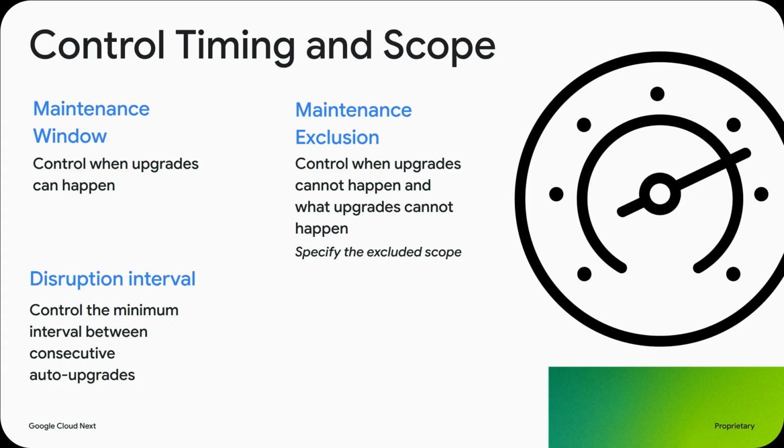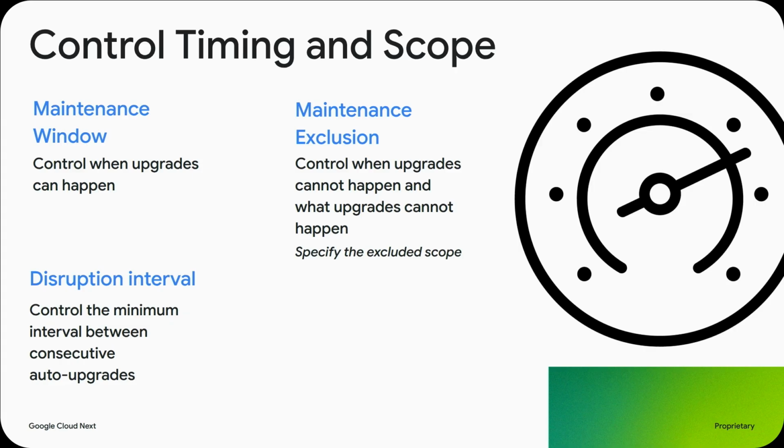What's important to note is, again, GKE auto upgrades by default. So what if you want to have maximum control, you want to disable auto upgrade? That's when you use maintenance exclusion. We have maintenance exclusions until the end of support that basically allows you to go into manual mode. And the last item here is disruption interval.